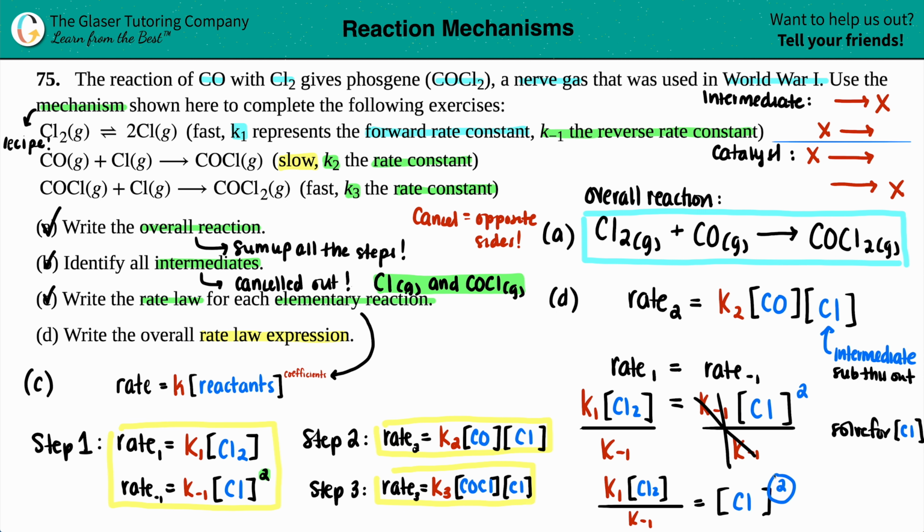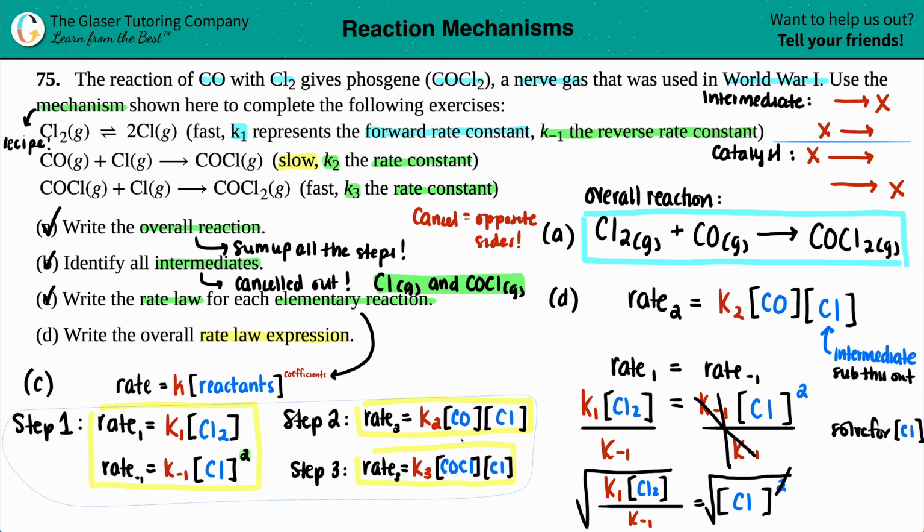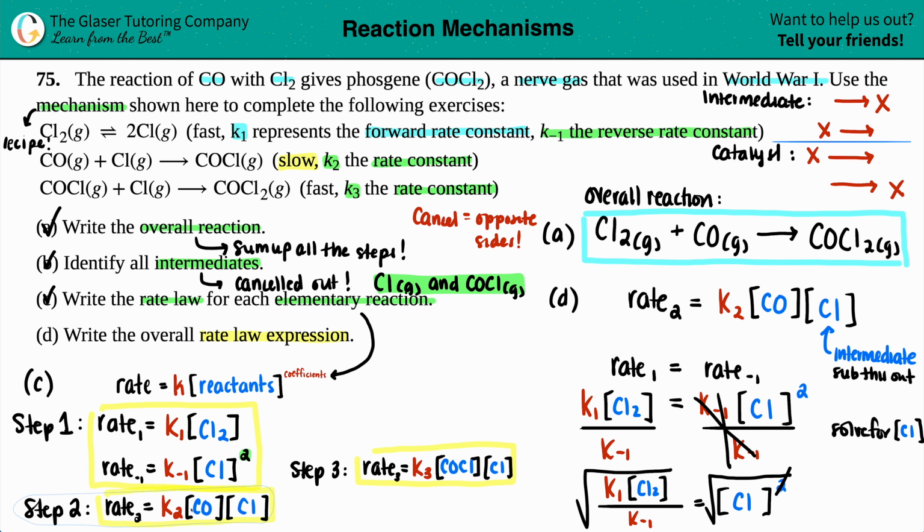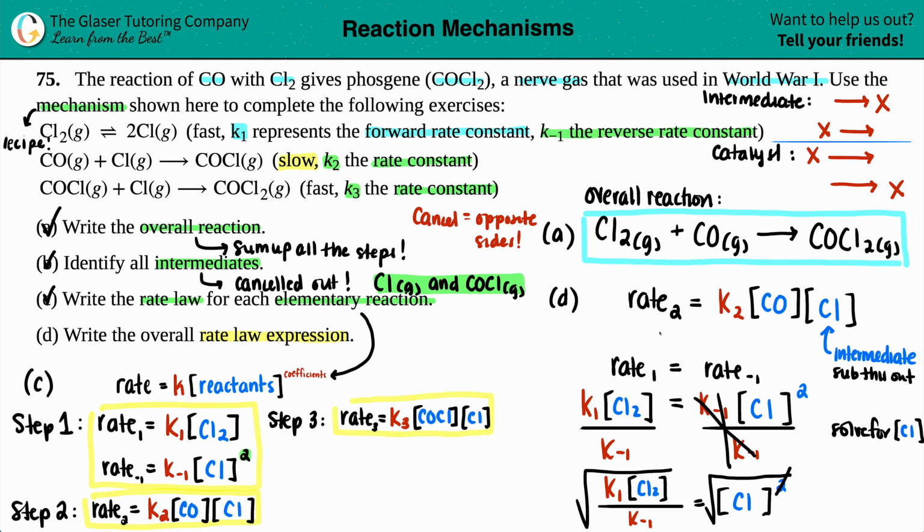It's being squared, so we have to undo it. And you're exactly right. We have to take the square root. And if you take the square root of one side, which will cancel, you take the square root of the other side. It's a little crunched, but we're making do.